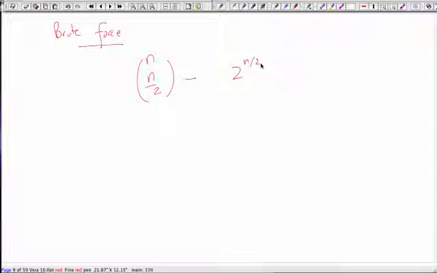Because you can look at the assignment as a binary number, and a 1 is whether you assign the precinct to district 1 or district 2. And so the number of assignments that you have to look at is going to be 2 to the n over 2. You have to look at all binary vectors in which there are n over 2 ones.